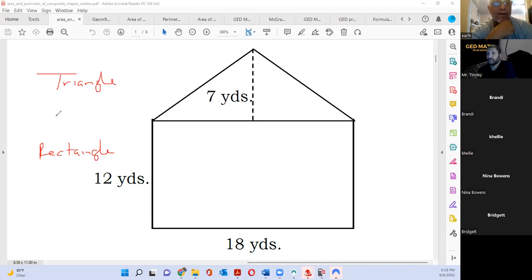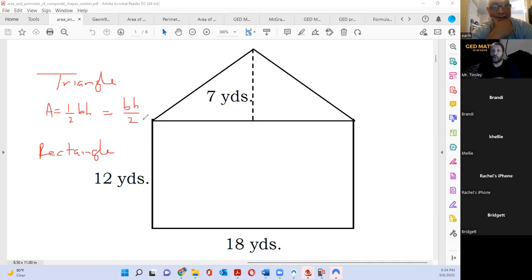Base times height divided by 2. Okay, on your formula sheet, it says 1/2 base times height. What you said, Earl, was base times height divided by 2. Are these the same thing? Yes, that's pretty much right.